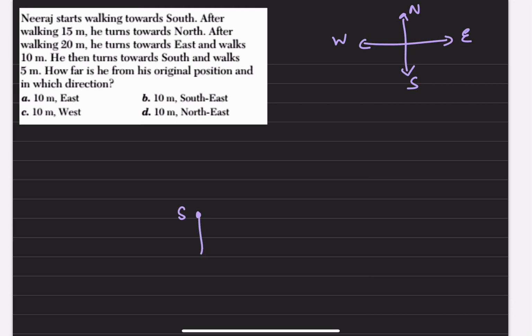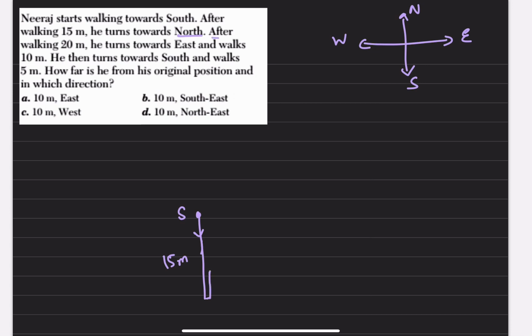So this is south, right? After walking 15 meters, let's just take this length as 15 meters approximately. And then he turns towards north. You can take any direction, but I'll be taking this.